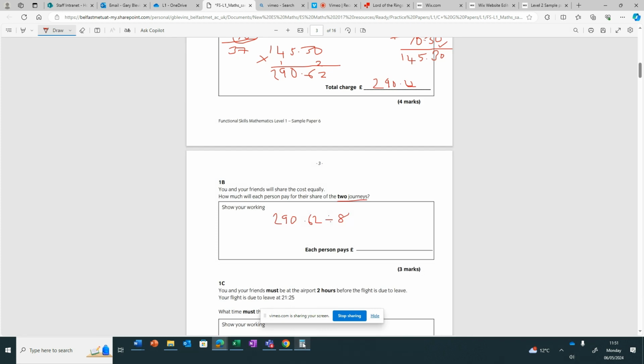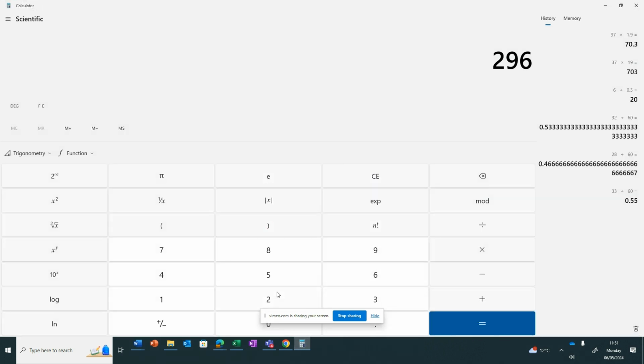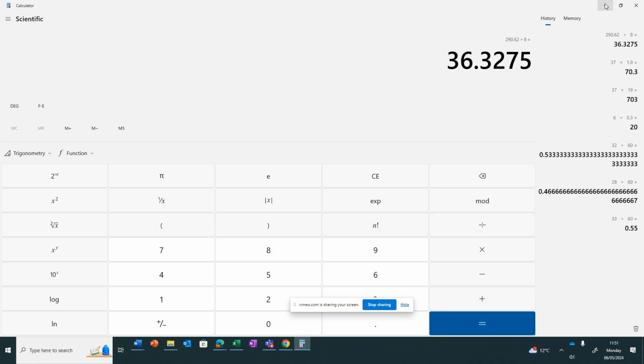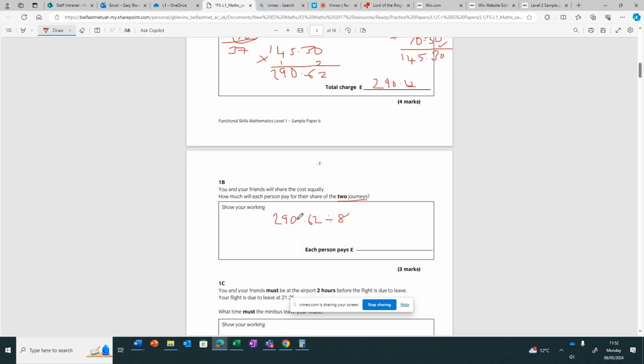£290 and 62 pence. Just need to clear that out again. 290.62, and we're going to divide it by 8 as there were 8 people including yourself, and we get £36 and 32p.